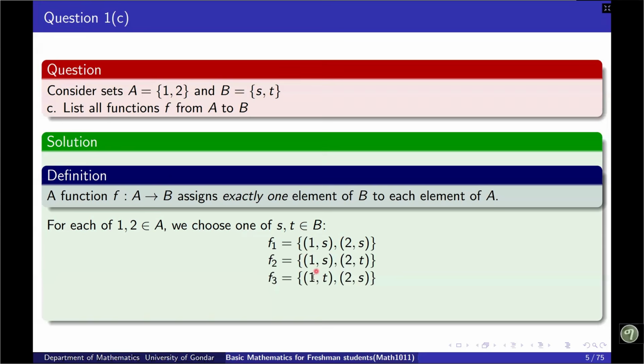The third one could be 1 paired with T and 2 paired with S. And lastly, 1 can be paired with T and 2 can be paired with T, having the same image like that of S here. Therefore, these are the total number of functions that can be constructed, or simply mapped, from A, having these two elements, to set B.